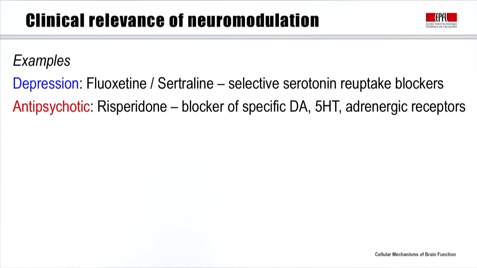And here I'd just like to highlight 2 types of drugs that are in common usage for different brain disorders. One is the fluoxetine sertraline type of drug that works against depression, and the way that they work is as a selective serotonin reuptake blocker.